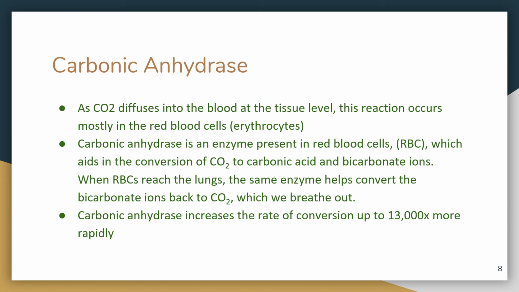Okay, so as the CO2 diffuses into the blood at the tissue level, this reaction is going to occur, and it happens mainly in the red blood cell. Another name for red blood cell is erythrocyte. I'm sure you've learned that in A&P.